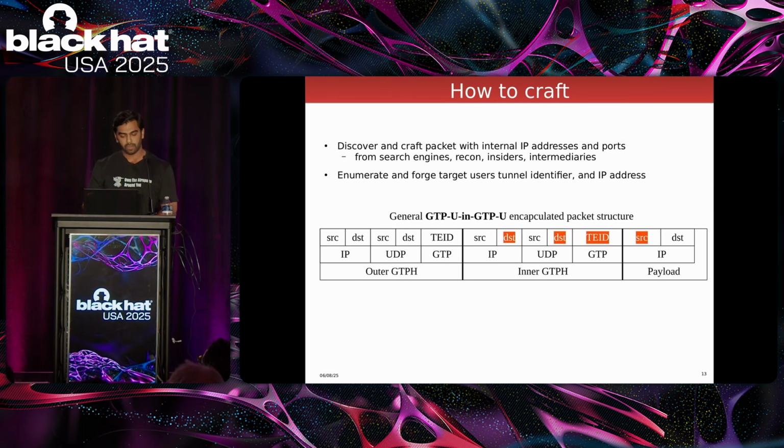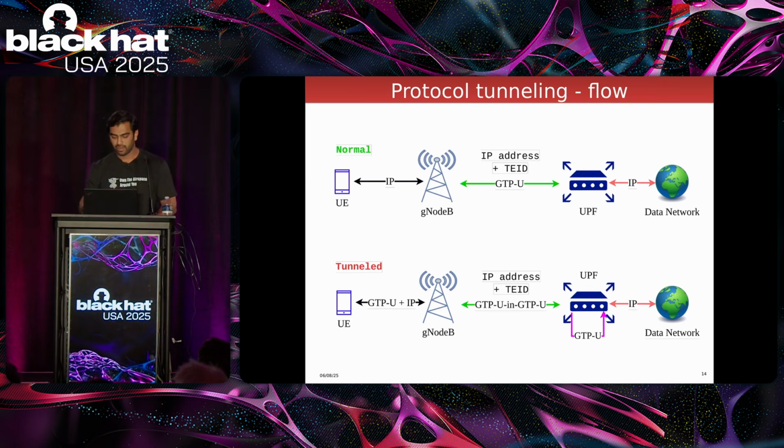For this encapsulated packet, the attacker needs to specify certain destination IP addresses and ports, and also a few other elements such as the tunnel endpoint identifier. If you are from the telecom world, you can easily relate to this terminology. But overall, these are nothing but ports and IP addresses, which we all know how to obtain.